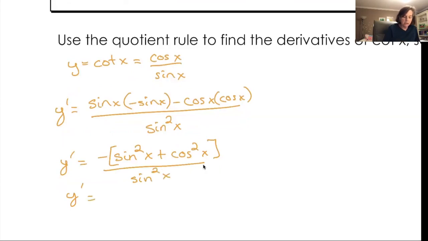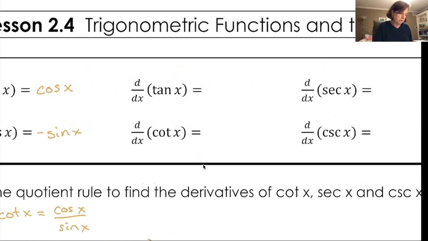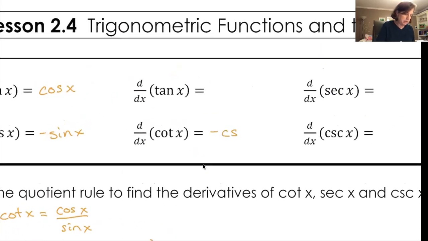Okay, so sine squared of x plus cosine squared of x is 1. I have the opposite of that over sine squared. All right, and the reciprocal of sine is cosecant. So this is equal to the opposite of cosecant squared x. So we can write that in up here. The derivative of cotangent is the opposite of cosecant squared x.